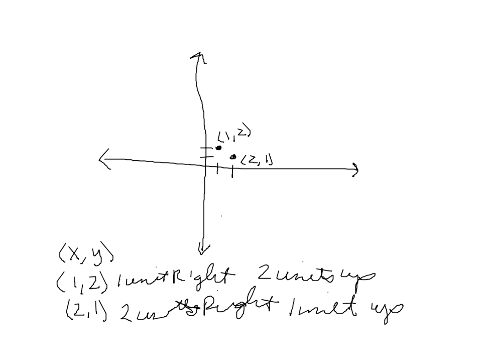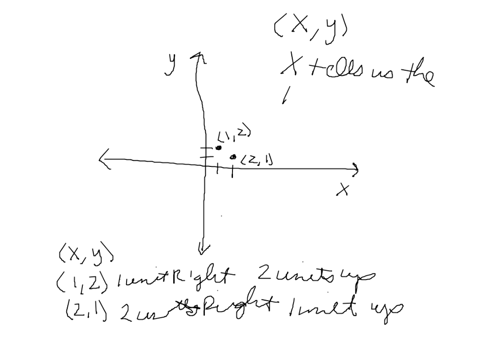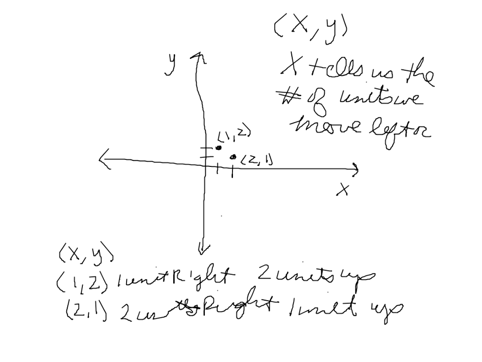So the first number, the x number, tells us how many units to the left or right, the number of units we move left or right from the origin.